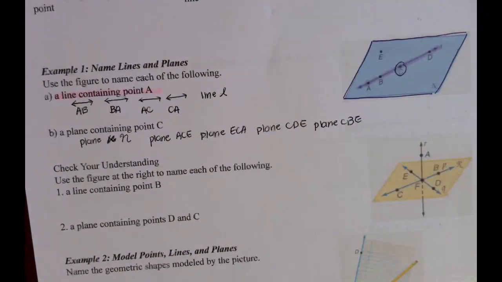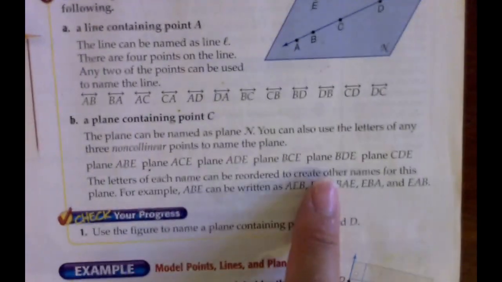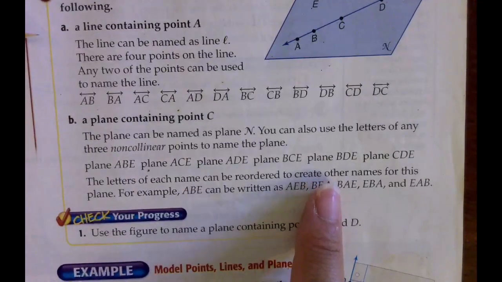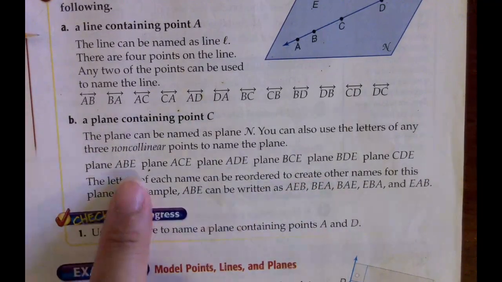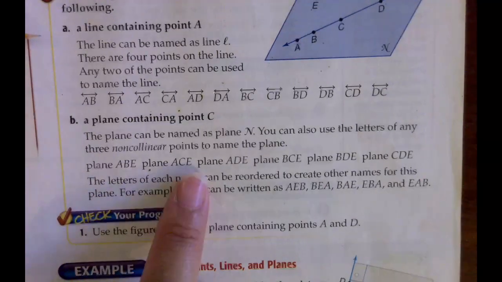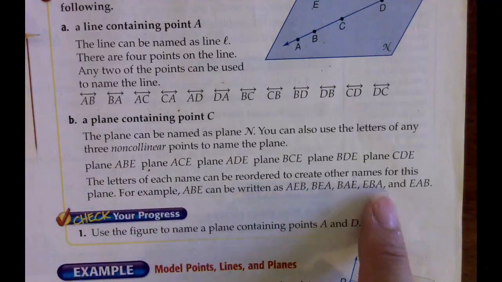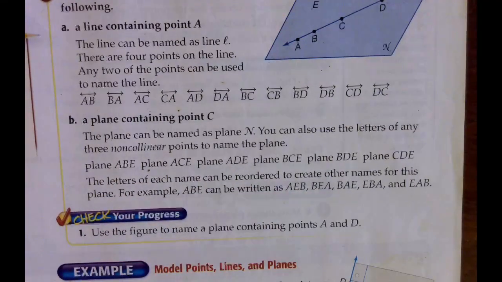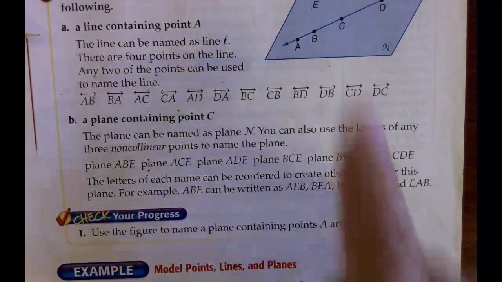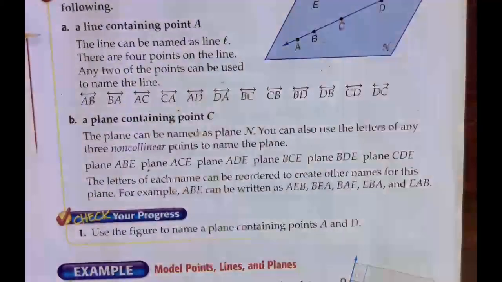In your book, you'll see that they name a bunch of them. There's probably many others, especially as you switch up the order. As you reorder it, you just have a different name, but it's all talking about that same plane.